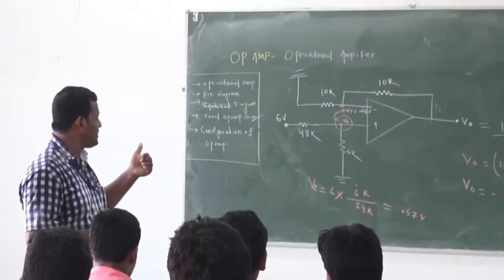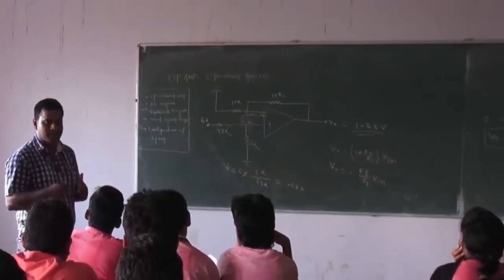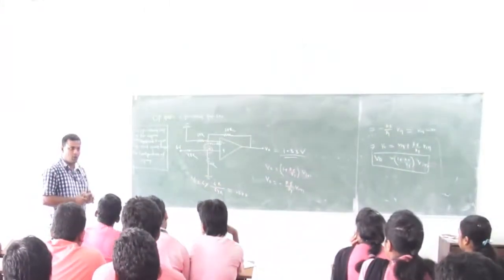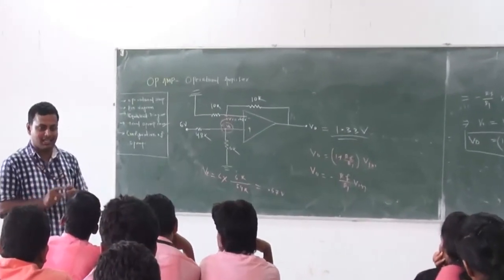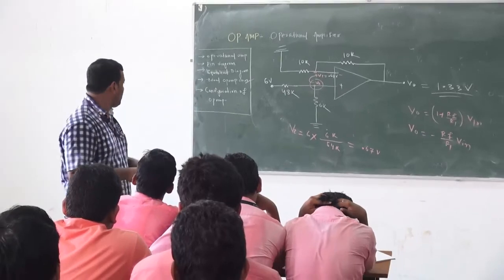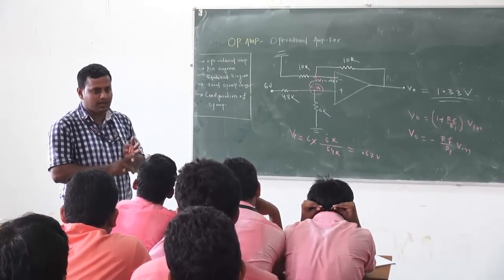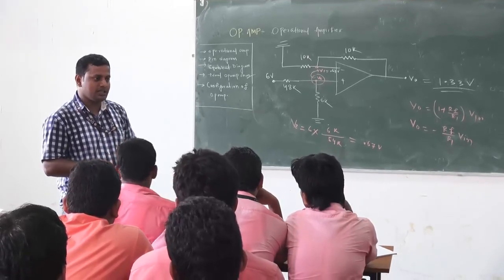Also we have another configuration, that is the differential configuration. Then we discussed the pin diagram and its equivalent diagram, and from there we derived the ideal characteristic of op-amp. Based upon the ideal characteristic of op-amp, we moved to the configuration of the op-amp and solved some problems related to inverting as well as non-inverting op-amp. Any questions from this?